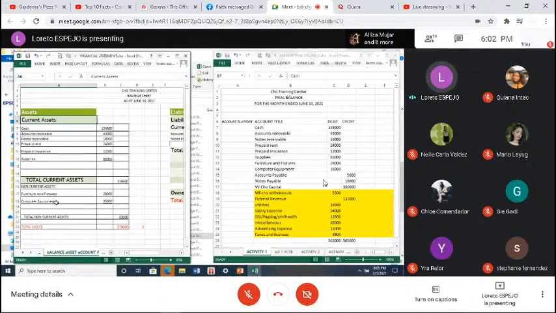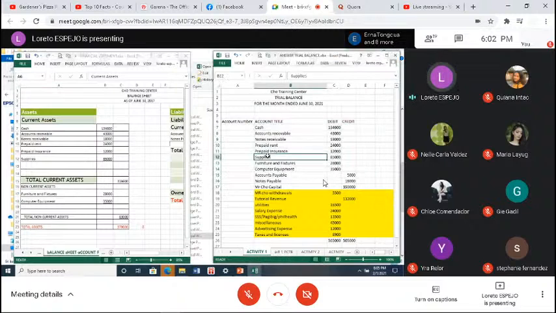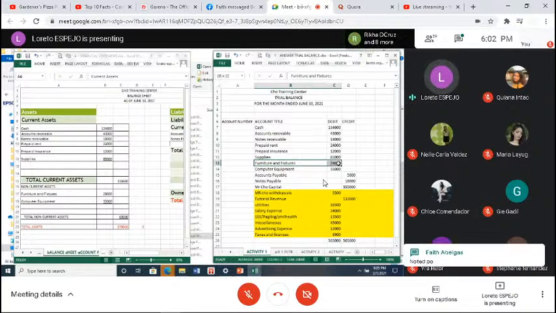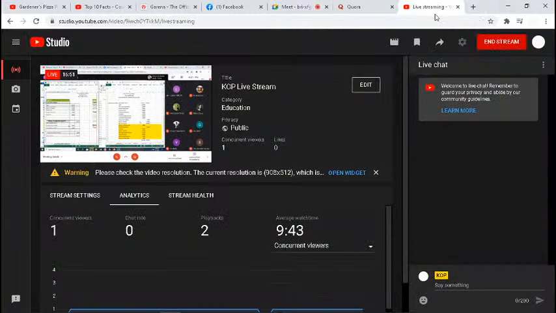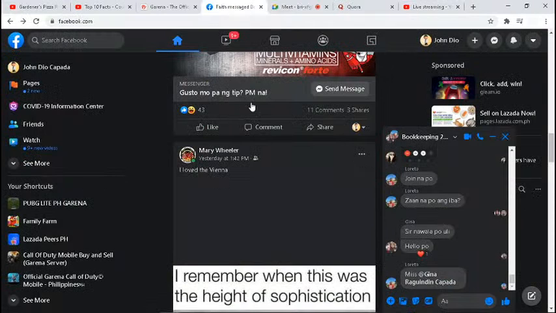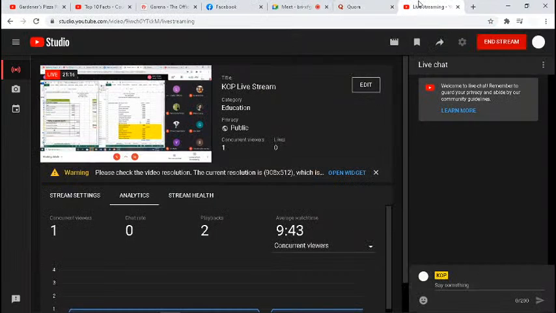So the rest, i-consider mo na as current assets para hindi kayo malito. So kagaya nito, supplies. Siyempre, supplies, hindi na. Pero pagdating ng furnitures and fixtures, magtatagal na to. So, yung naka-red na yan, sila po yung mga non-current assets natin, di ba?